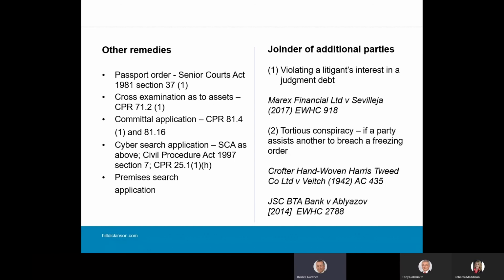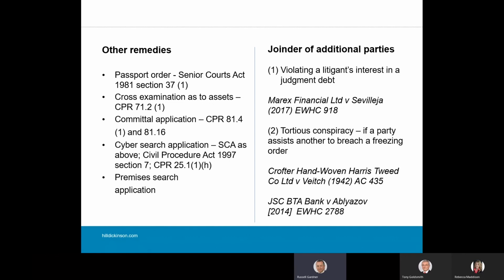I should say also, and I mentioned here other remedies, where someone is not complying with their disclosure obligations, it's sometimes possible to obtain a search order, called the Anton Piller, and we've done it in relation to not just physical documents, but also electronic documents and email correspondence and social media accounts. That's what I refer to as a cyber search application.